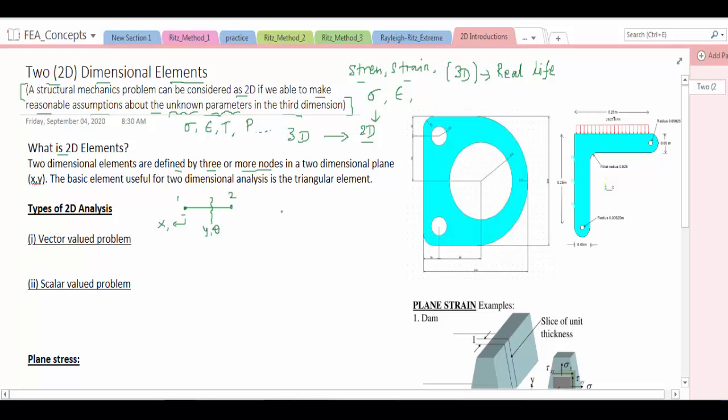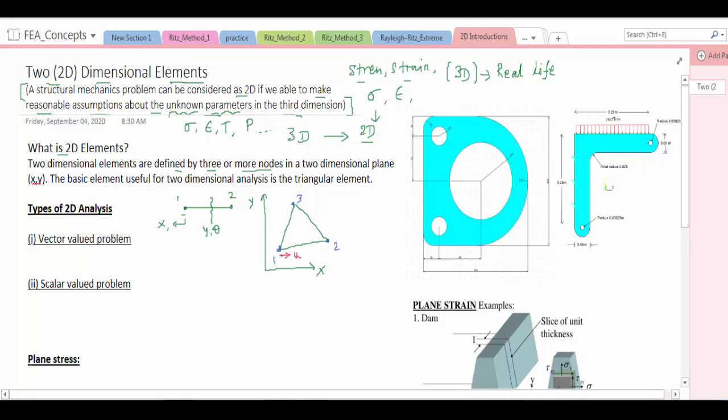Now in a two-dimensional element, we will have x and y coordinates, right? For a single element, it should have x and y coordinates. For example, if you consider this, this may be called node number 1, node number 2 and node number 3. Each node has two directional degrees of freedom.